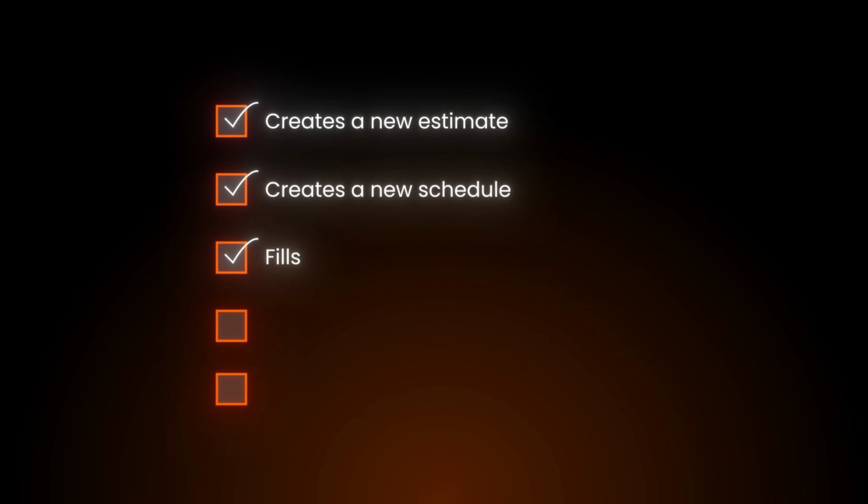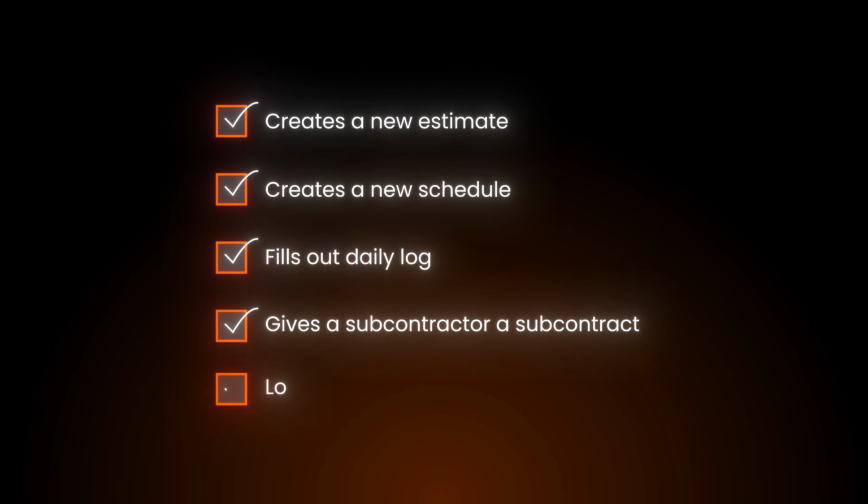Well, every time your team opens up a new project, for example, or pulls a new permit, or contacts a new lead, or does anything across your company, creates a new estimate, creates a new schedule, fills out a daily log, gives a subcontractor a subcontract, logs an expense into the budget, or logs a receipt into the budget. There's so many things across your company that need standard operating procedures, so it's done the same way, but also so you reduce decision fatigue in your employees, your staff's brains.